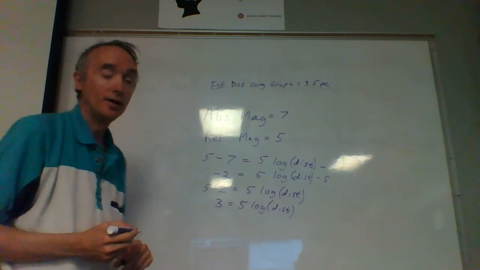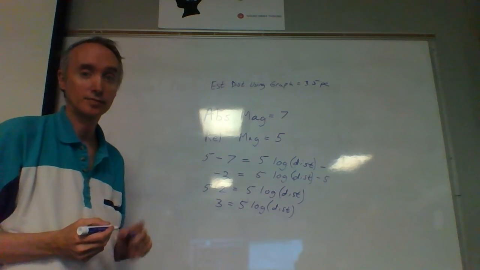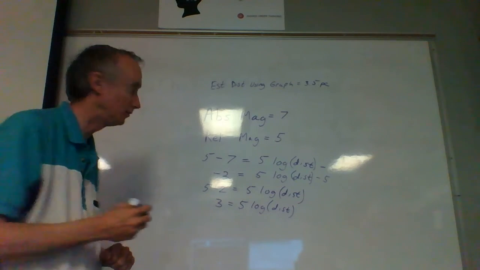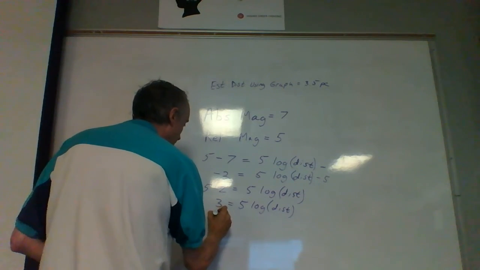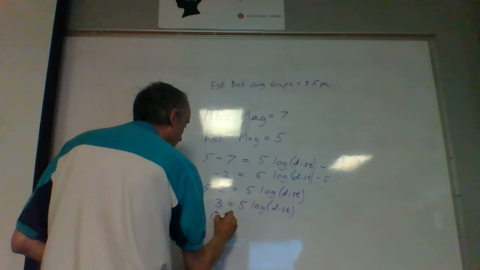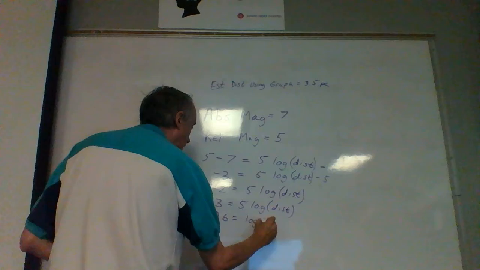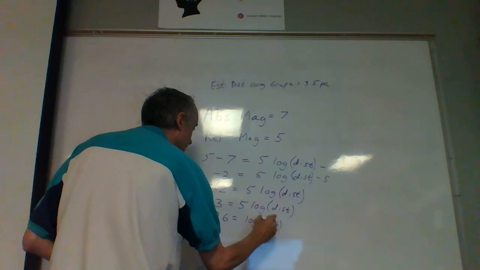Alright, what do I have to get rid of next? Got to get rid of that 5. So I'm going to divide both sides by 5. And so that's going to be 0.6 is equal to the logarithm of the distance.